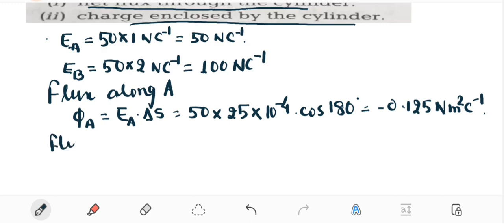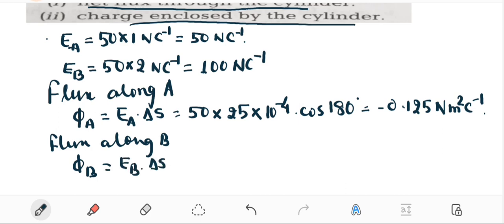Now the flux along B, that is phi B, is equal to EB dot delta S, equal to, we have found it as 100 into the same thing, 25 into 10 to the power minus 4 into cos theta.